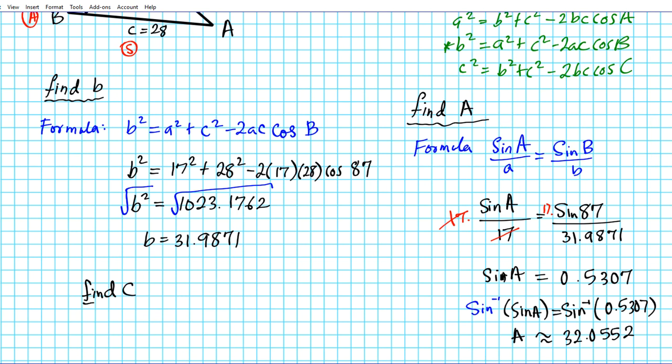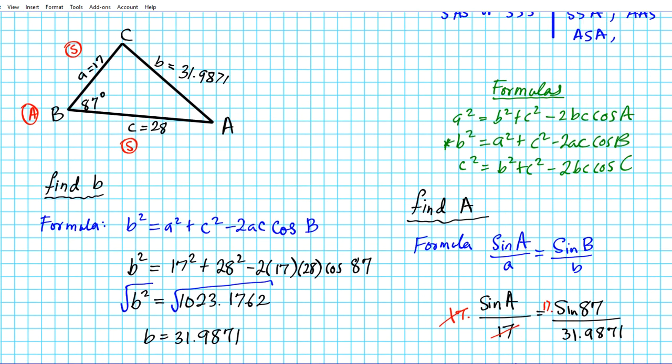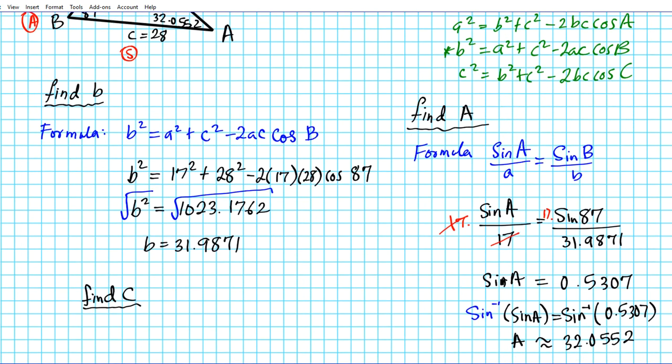Alright, and now we are in the position to find big C. If we want to find big C, if you notice we have two angles now. And in order to find the third angle, we just simply add the other two and subtract from 180.